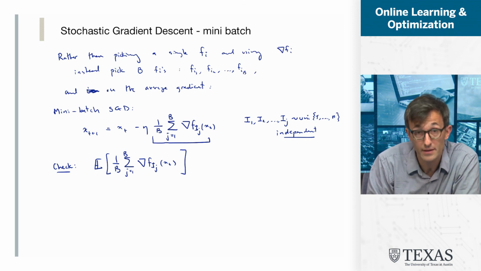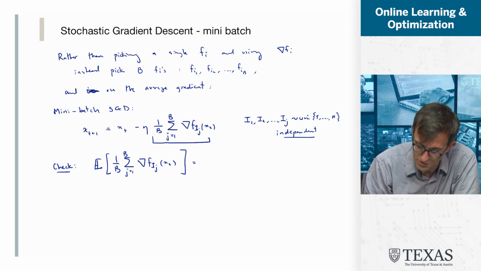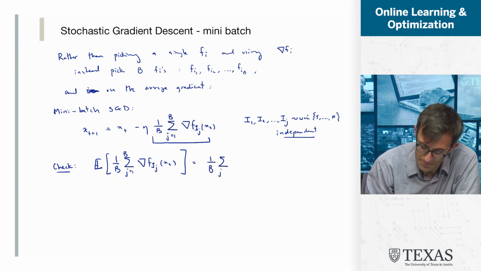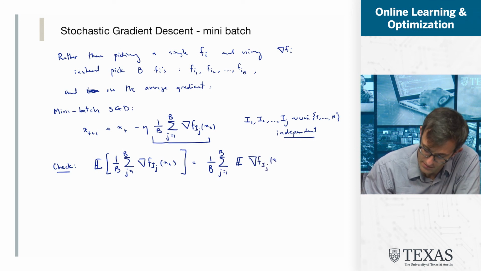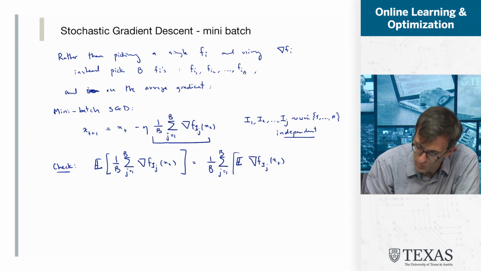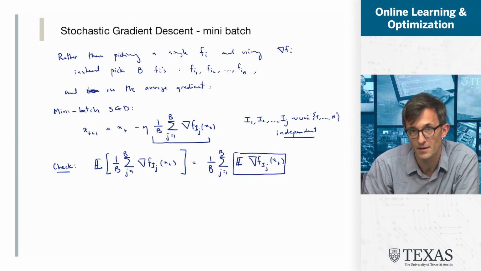So looking at this expectation, this is equal to 1 over b times the sum from j equals 1 to b of the expectation of each one of these individually, the gradient of f_{i_j} of x_t. Well, this is the exact same analysis that we did before. Each one of these has expectation just the gradient.